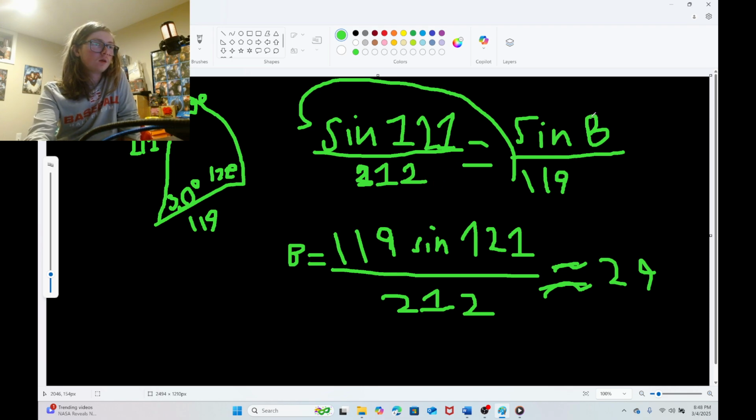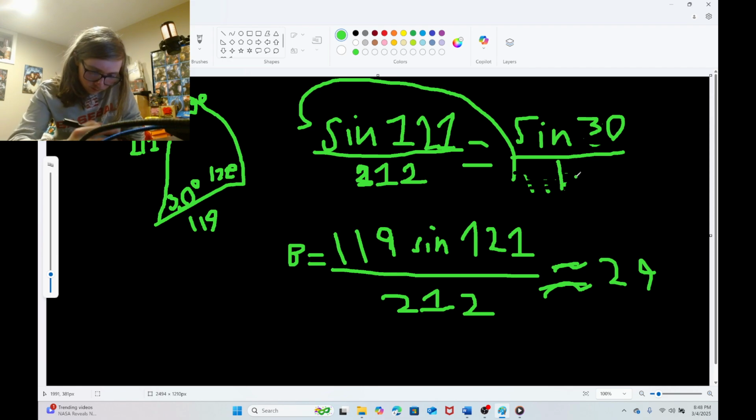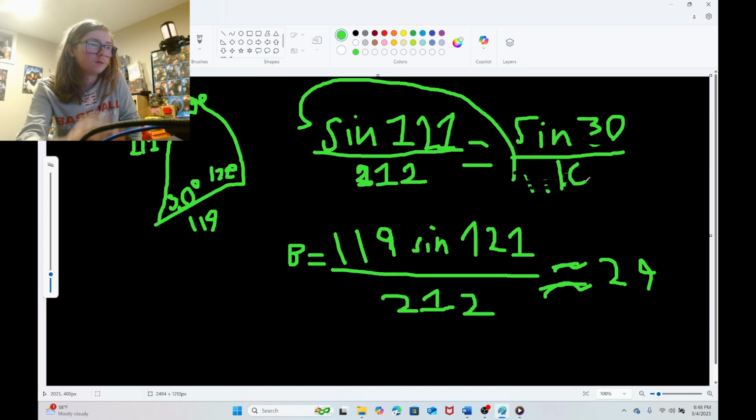212. So say this is sine of... Just going to replace this for a second. Just 212 sine 30 divided by side C. Then we'd have that go up there, that go beneath.